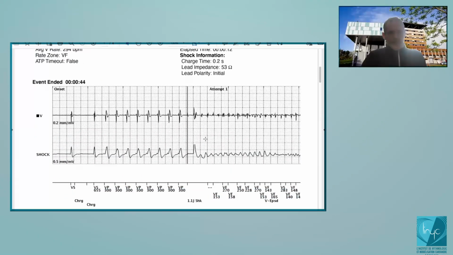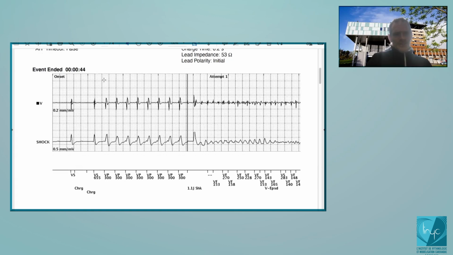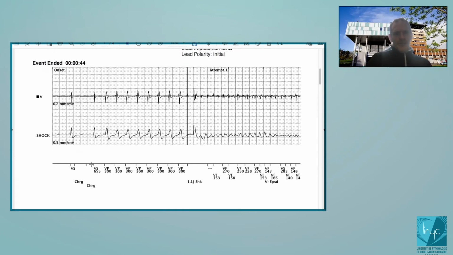So now this is an induction, you know? At the end of the implantations, we have induced ventricular fibrillation. Charge, onset of the charge, end of the charge. You will pace the ventricle and then deliver a shock on the T wave, okay? And you see that there is induction of an arrhythmia, clearly. So 1, 2, 3, 4, 5, 6, 7, 8, the episodes.